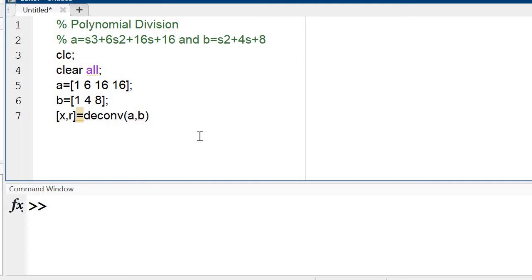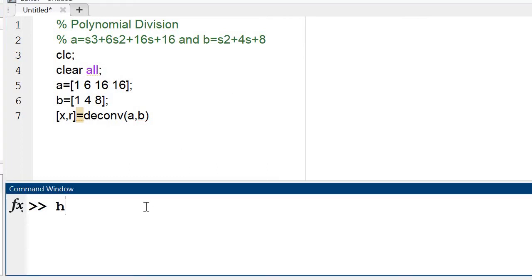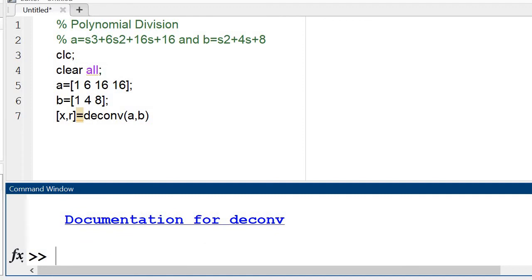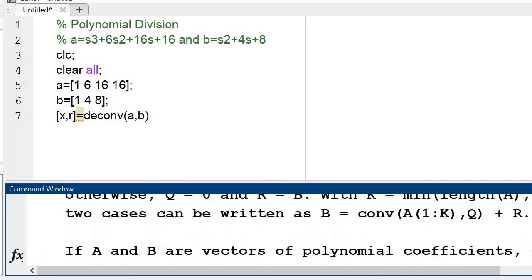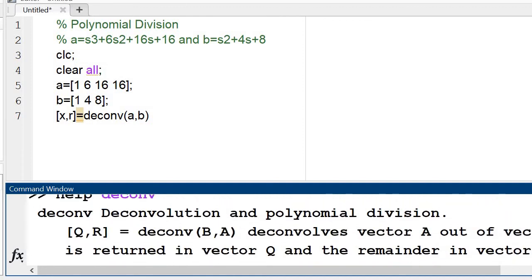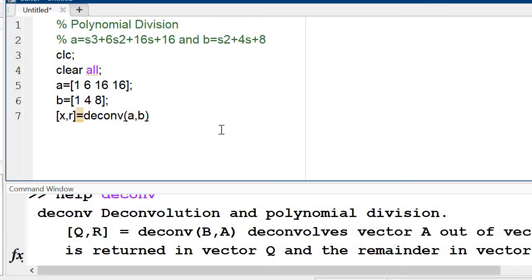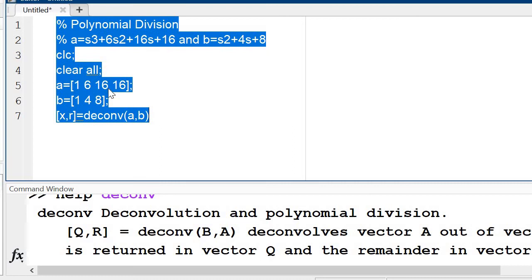You can also search in the command window regarding the deconv command, by the help of typing deconv. Every detail is in the command window. Now take the result of this part.